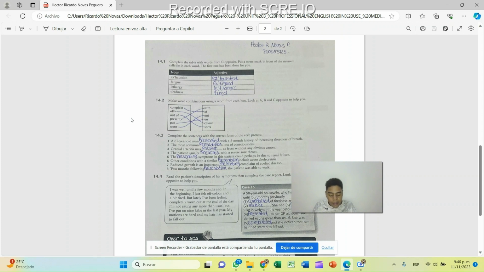5. The presenting symptoms in this patient could perhaps be due to renal failure. 6. Other conditions with a similar presentation include cholecystitis. 7.